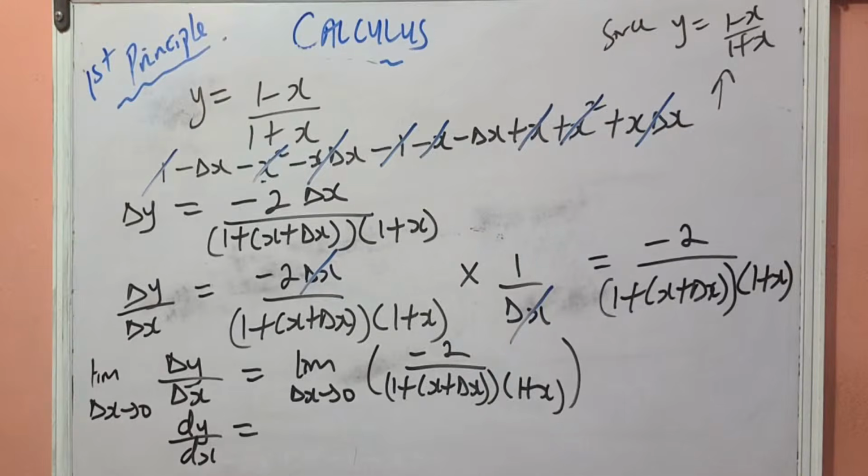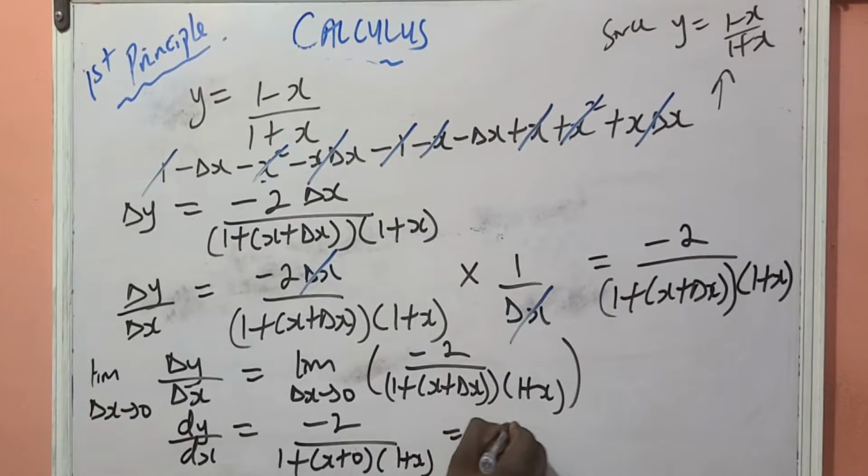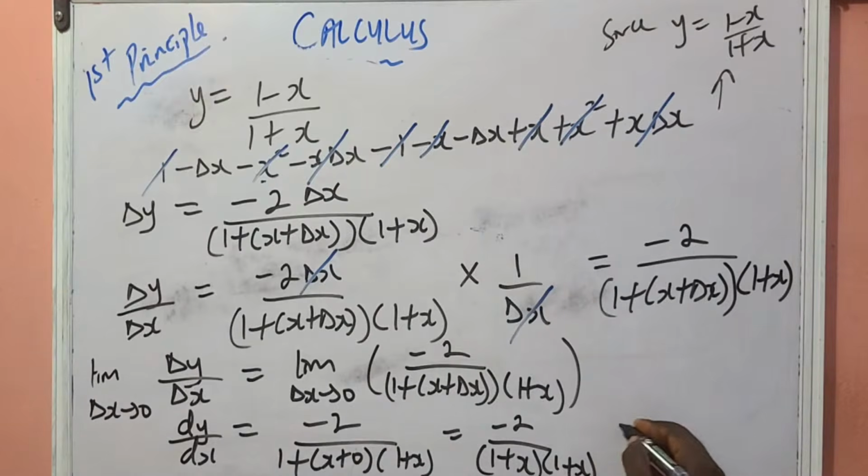Now, what you have to do here is to fill in your value: wherever you have the change in x, you want to put in 0. So that will be minus 2 over 1 plus x plus 0. Am I right? I think I'm right. This will be minus 2 over 1 plus x all squared.